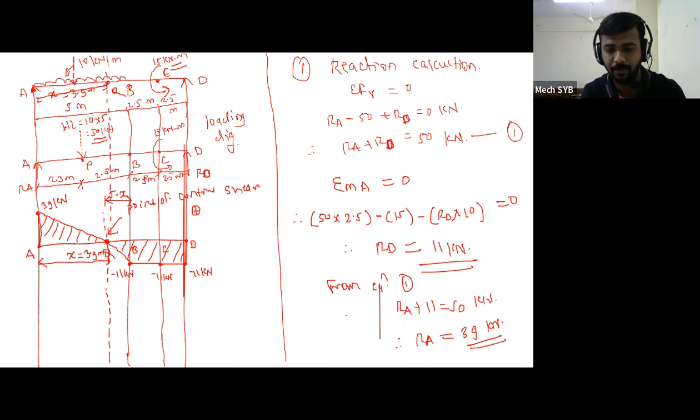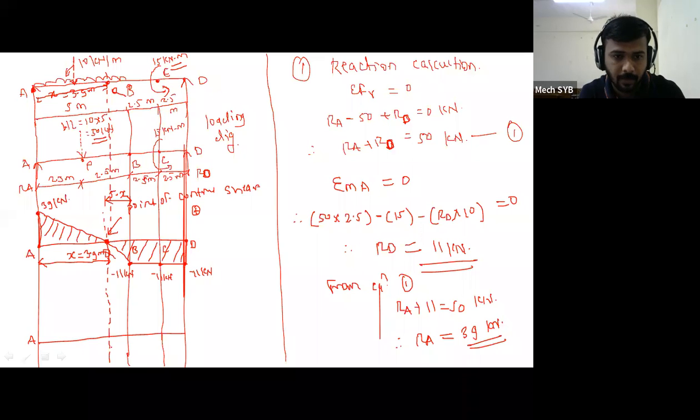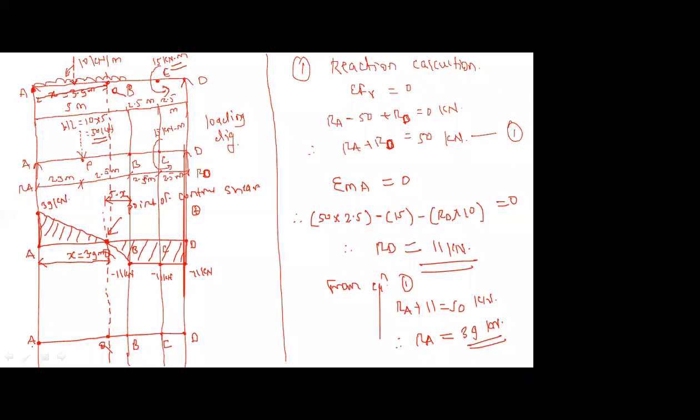Draw the horizontal line first. So point A, point Q, point B, point C, and point D. Tell me, bending moment at point A? 0.